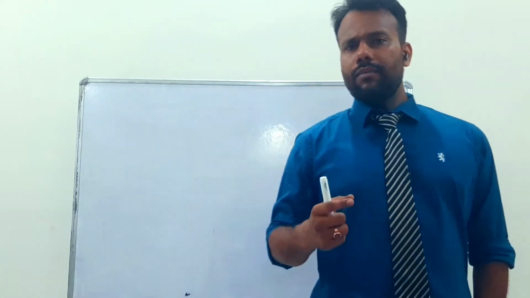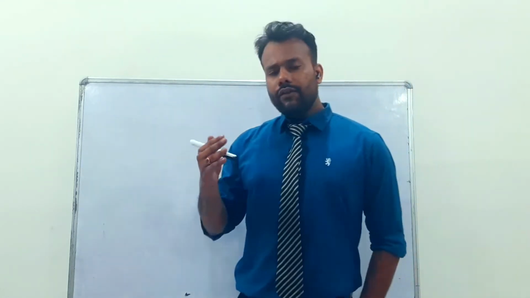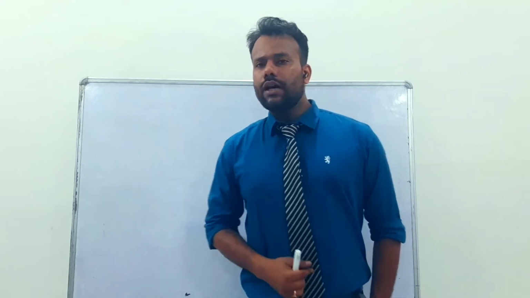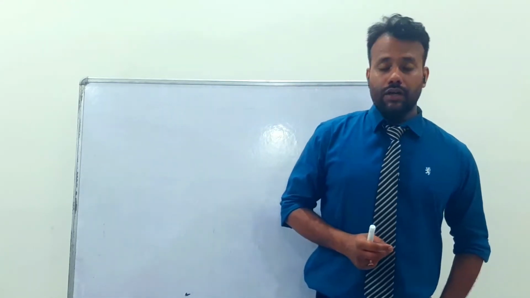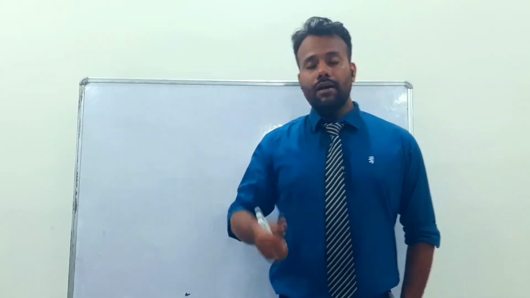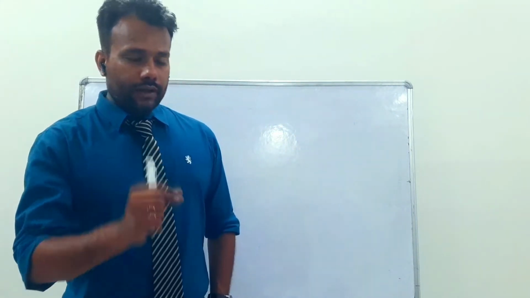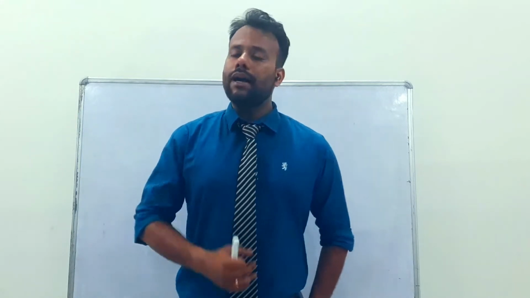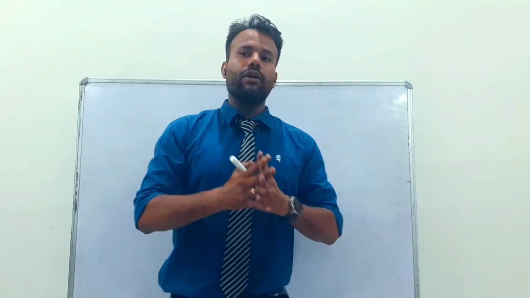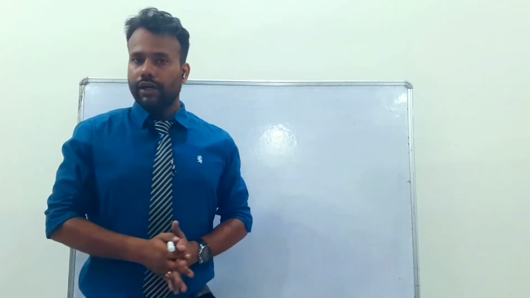Now, if you remember, we have realized that the units are of two types. First, the fundamental unit, and second, the derived unit. The fundamental unit was the independent unit. It does not depend on the other units.